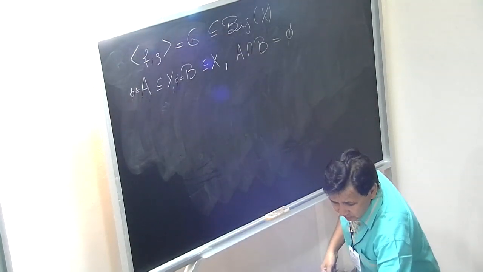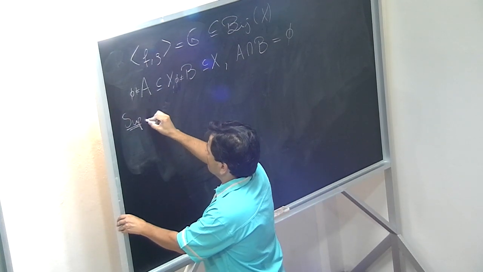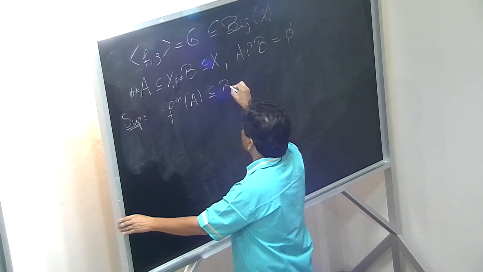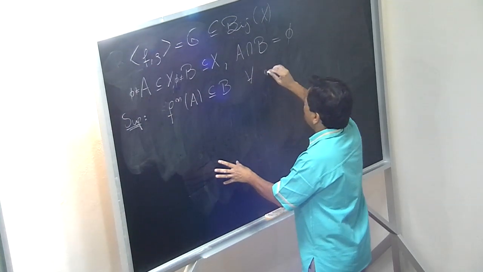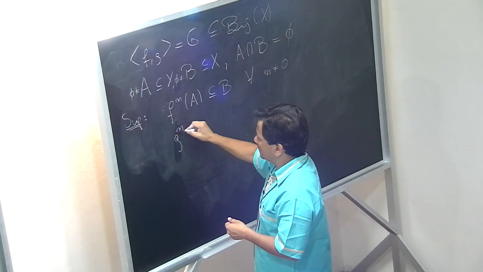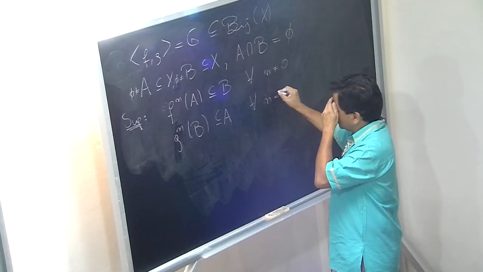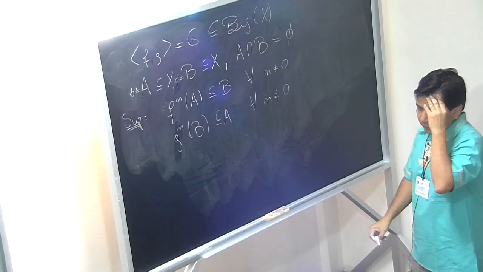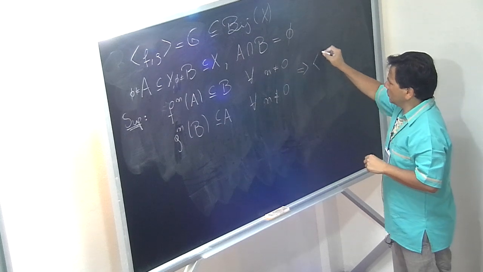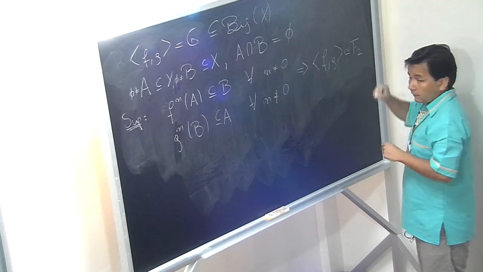And you assume that the following happens. Suppose that f to the power n of A is included in B for every n different from 0, and g to the power n of B is included in A for every n different from 0. Okay? Then the conclusion is that the group generated by f and g is a free group.